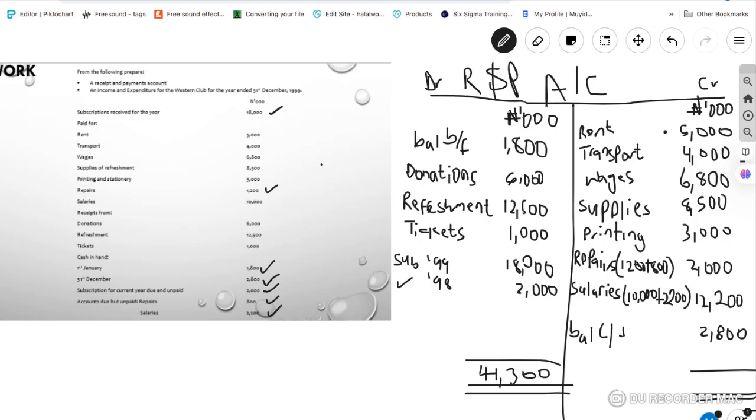So let's add this now. 5 million plus 4 million, 9 million plus 6,800,000, that's 15,800 plus 8,500, 24,300 plus 3,000,000, 27,300 plus 2,000,000, 29,300 plus 2, 31,300.